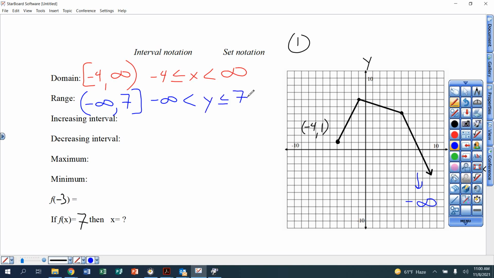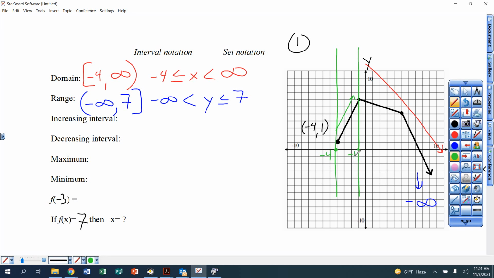The second word is engagement. Engagement is the second word. All right, increase interval, where this stretch right here going uphill from left to right. Downhill is this stretch going downhill all the way through that one section. So increase interval looks like from here where it starts to go up through -4 on the x-axis to right here it ends not going up anymore.